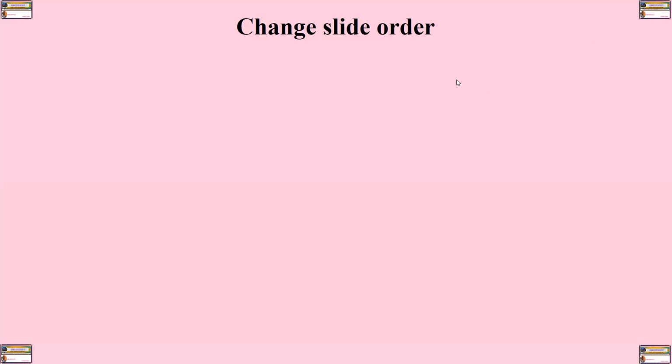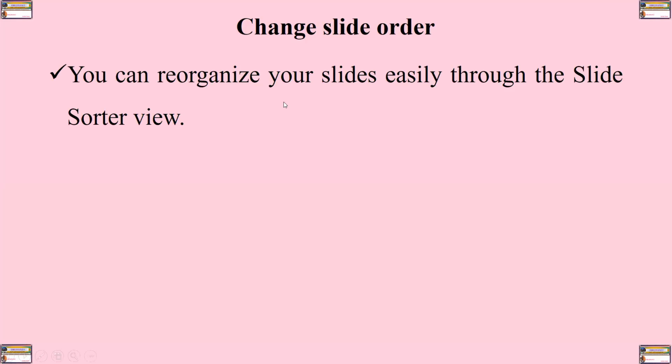Once we have several slides in your presentation, you can also decide to rearrange your slides. So how do you change the slide order? You can reorganize your slides easily through the slide sorter view. This can be done as follows.